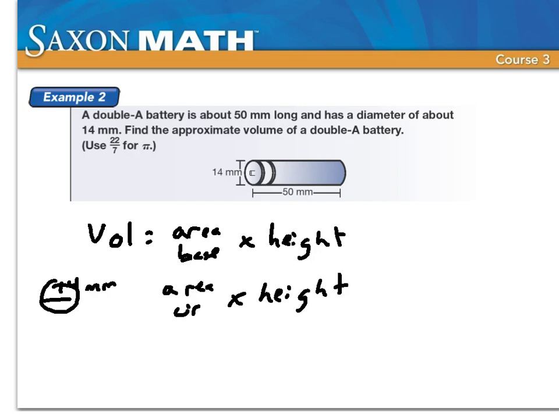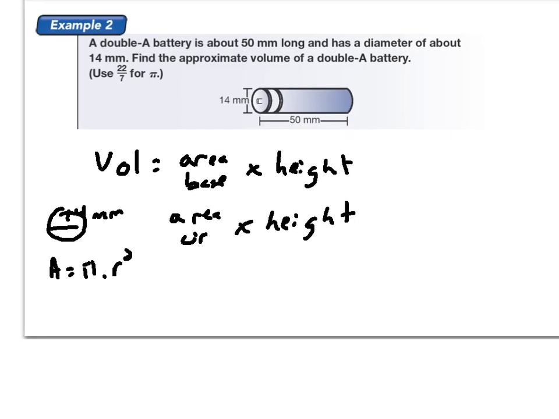The area of a circle is pi times radius squared. We're going to use 22 over 7 for pi, so I'm going to put 22 over 7 times radius squared.